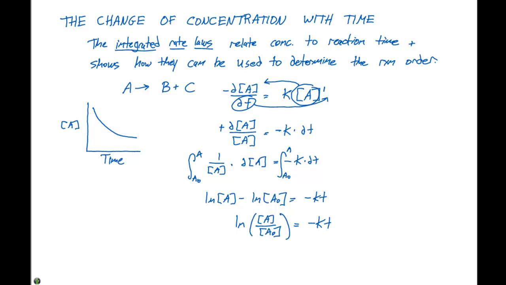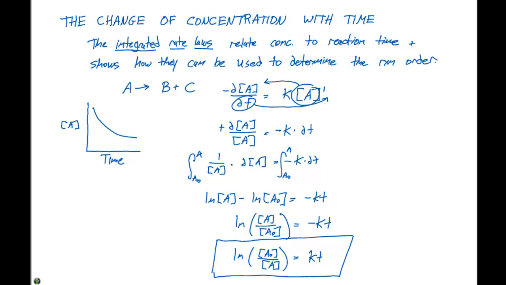Now we can use properties of natural logs to get rid of this negative sign, because typically when you see an equation represented in a textbook, they prefer not to include a negative sign. So this is going to be the ln of A0 over A is going to equal kt. And this expression right here is going to be the integrated rate law for a first order reaction.